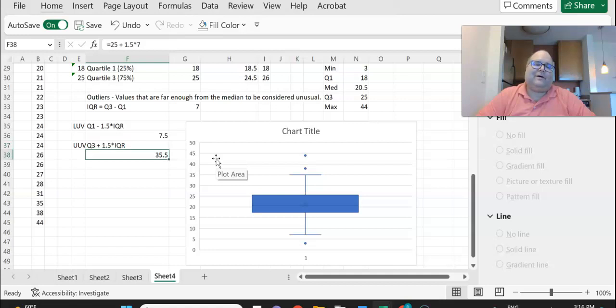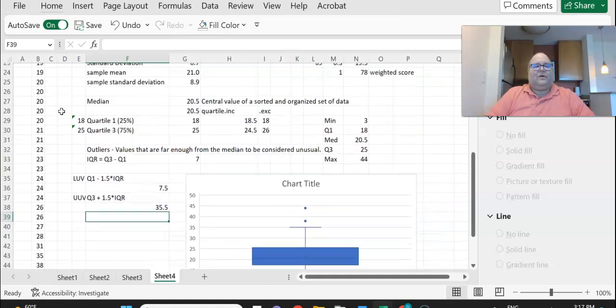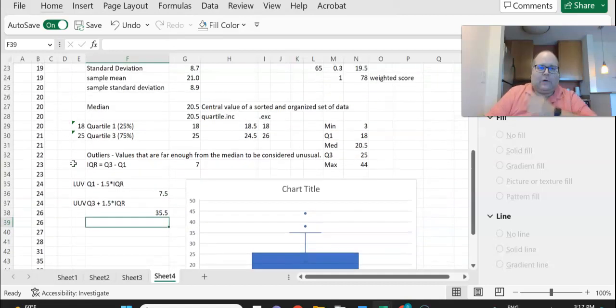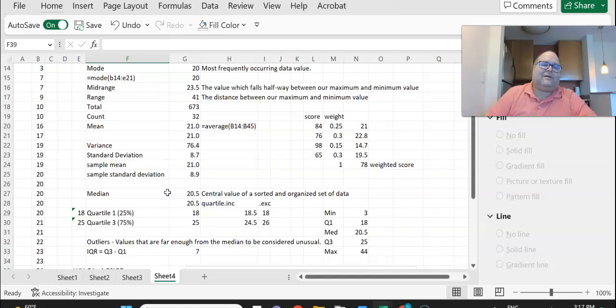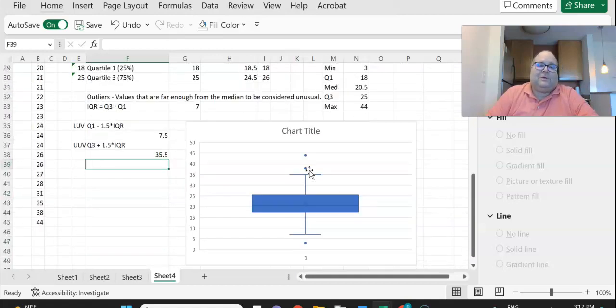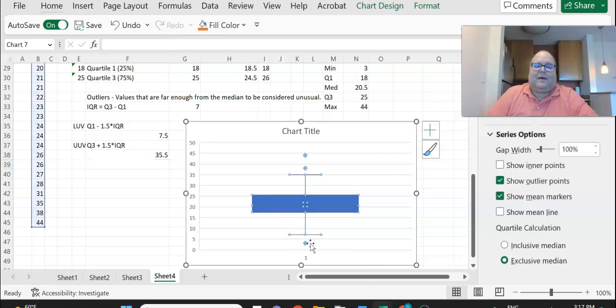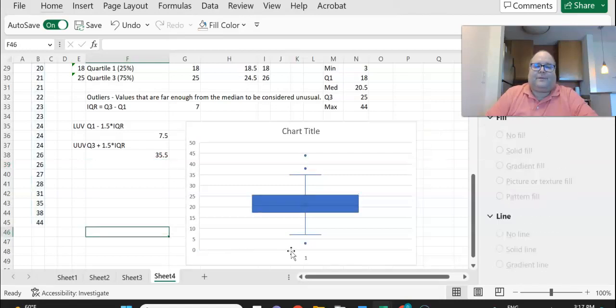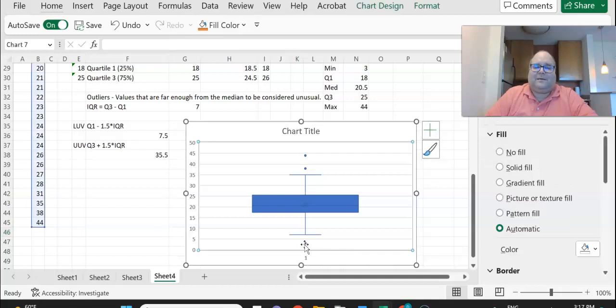So any value above 35.5 would be considered unusual or an outlier. So the values of 7 are approximately equal to our 7.5, so they are not considered outliers in the programming of the plot, where 3 is.